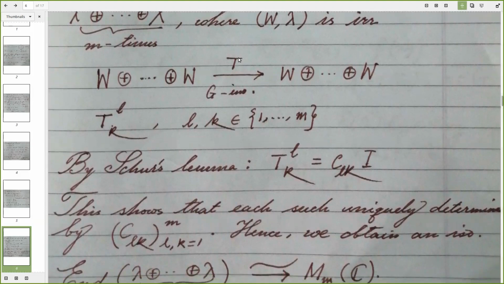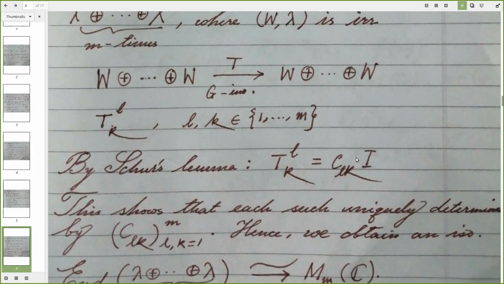If you take any G-invariant linear map T, restrict it to any summand, and then take the projection of that restriction map, which is T_lk, then it happens to be determined completely by a scalar.